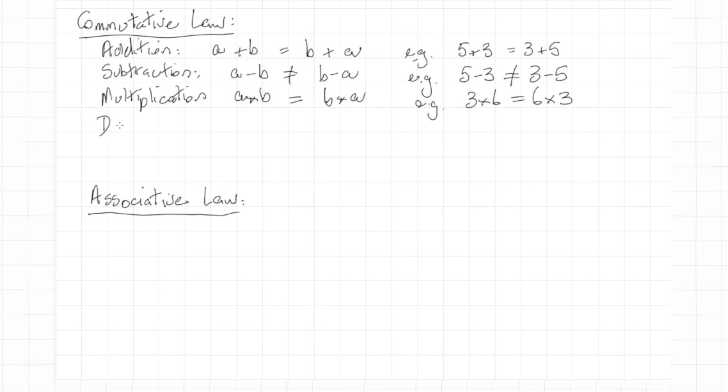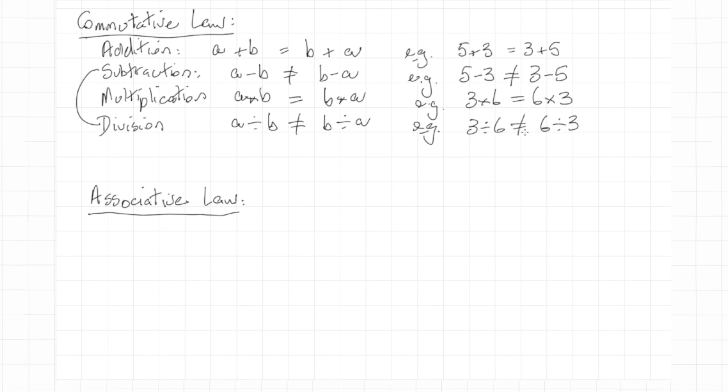And then lastly, we've got division. Like subtraction, we'll see that A divided by B is not equal to B divided by A. 3 divided by 6 is 3 over 6, which is a half. 6 divided by 3 is equal to 2.